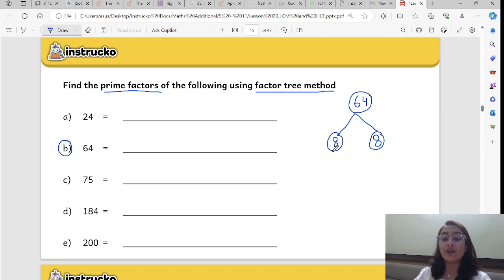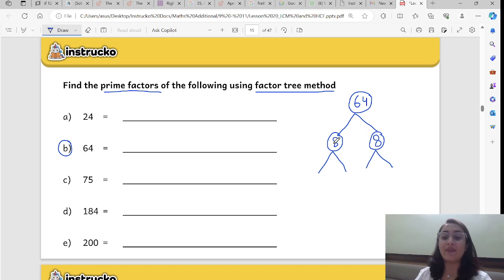Now, there are two circles. Again, from the two circles, we will make two branches. This is why this method is called the factor tree method, because it looks like a tree. Now you must be thinking, ma'am, till when will we give them two branches? Till the time we don't obtain all prime numbers.